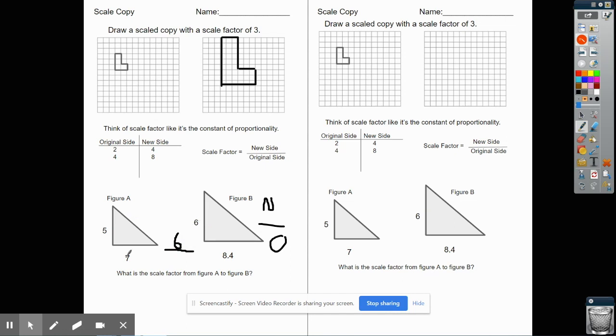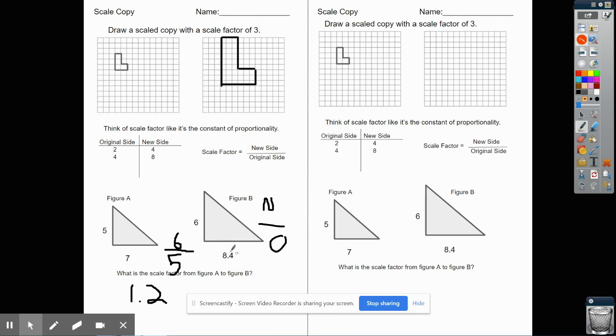I can't do 6 divided by 7 because that's not the one that corresponds with 6. So I take my corresponding side, which is 5. So it's 6 divided by 5. And when we do that, we get a scale factor of 1 2/10.